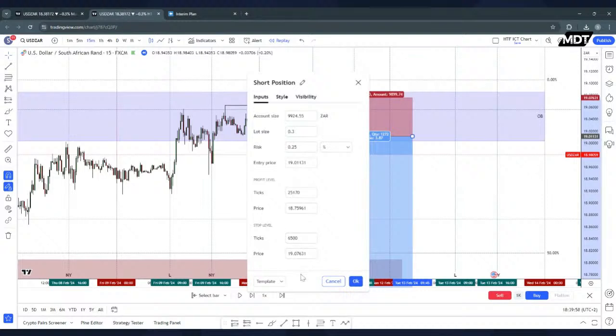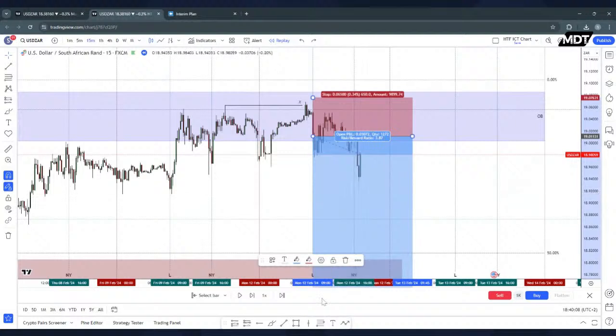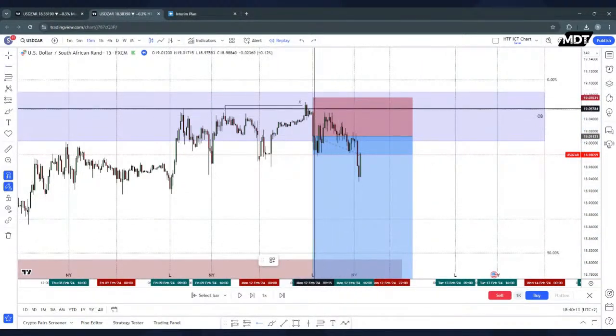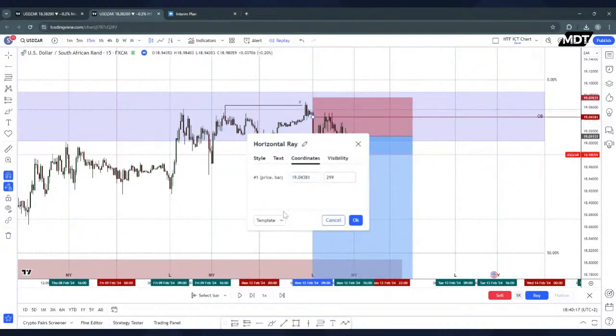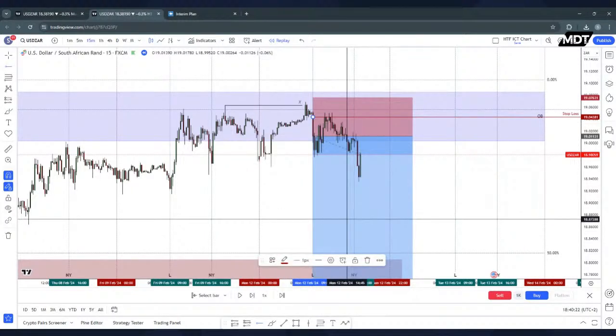So now we apply the half risk method. So basically, what we've done, for example, if we took a 1% trade, price moves 1% into profit, we just reduce the risk on the table.